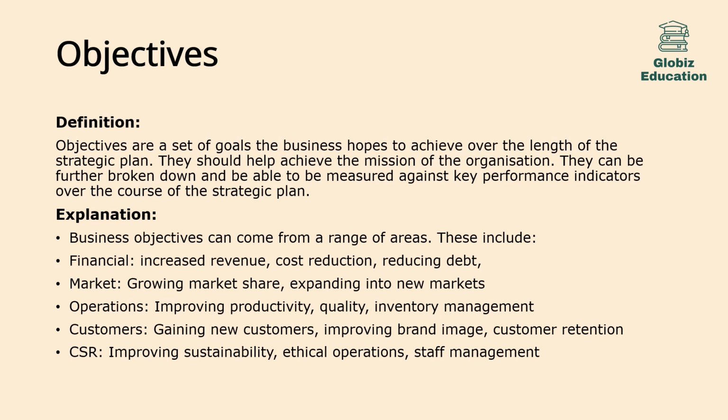This was really, I think, a free mark in the 2024 paper, because you could pretty much have written anything related to the business and received a mark for it. But if you're doing it well, objectives can come from a range of different areas, including financial objectives, market, operations, customers, or things like CSR. Operating sustainably would also be a good objective for many businesses if you are asked to write one.